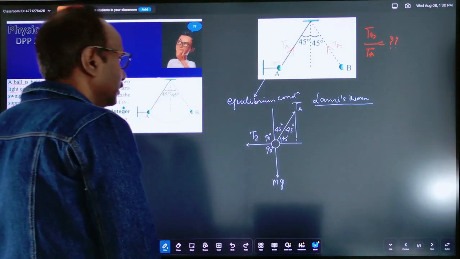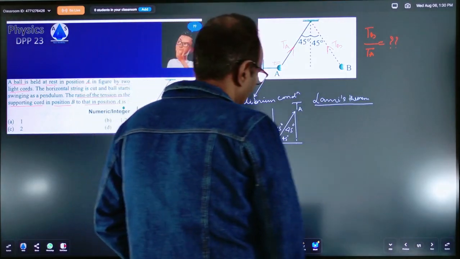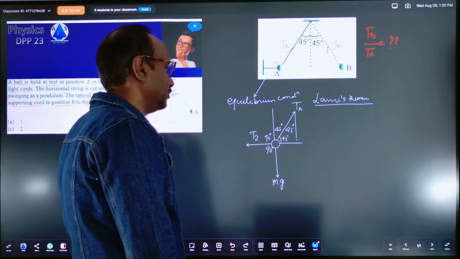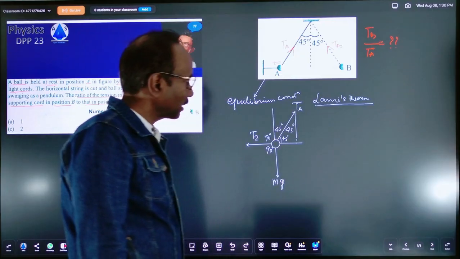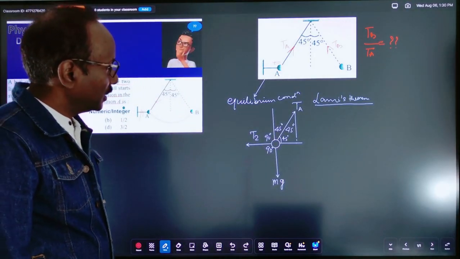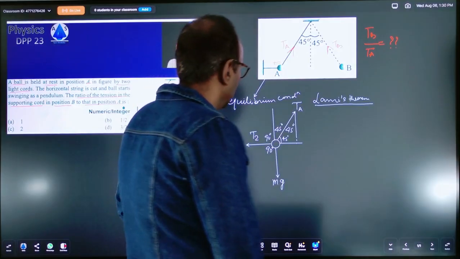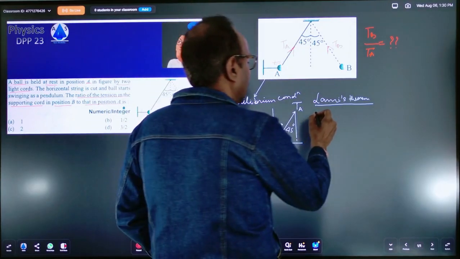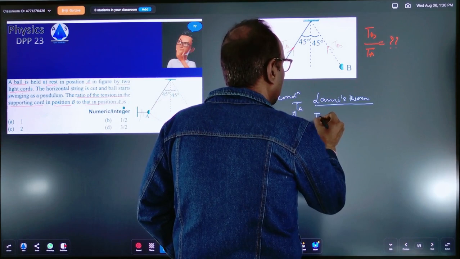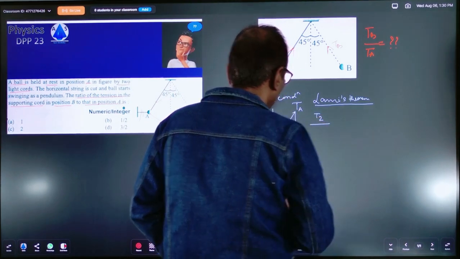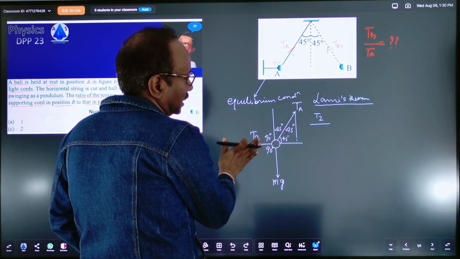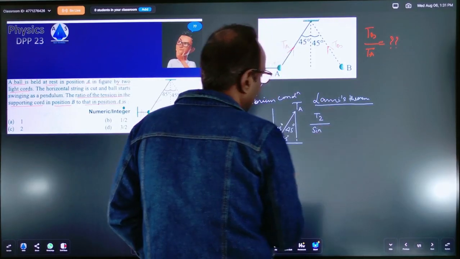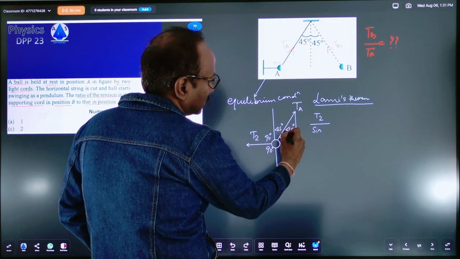So as per Lami's theorem, when three forces are acting on a body and that body is in equilibrium, then this relation is established. T2 over sine of the angle in between the other two vectors.